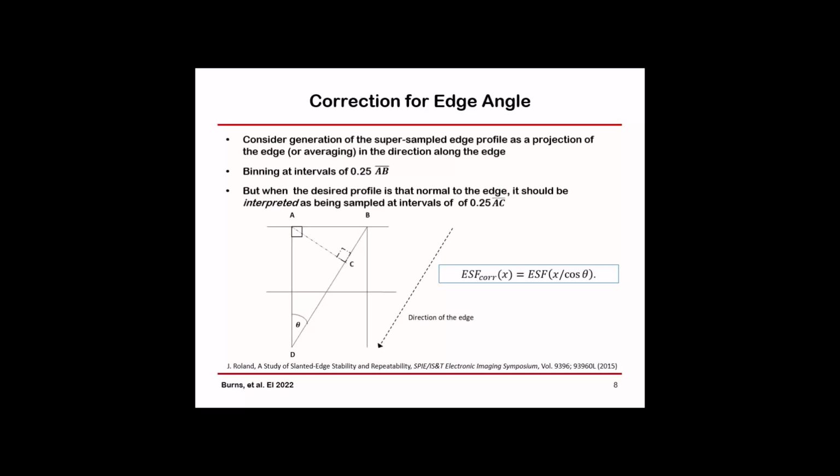Another element that has been introduced is a correction for the edge angle. This was really not necessary to include in the first version of the standard, actually up to now, because the recommendation was to use this analysis approach on near horizontal and near vertical edges within approximately 5 degrees.